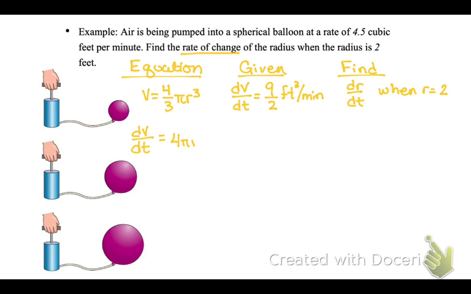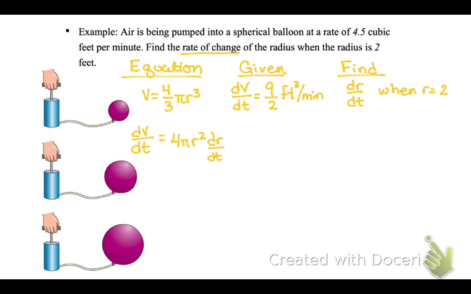Then what goes after it? We're doing this with respect to time, and we just differentiated r, so dr/dt. Oh yeah, because we're doing implicit differentiation.